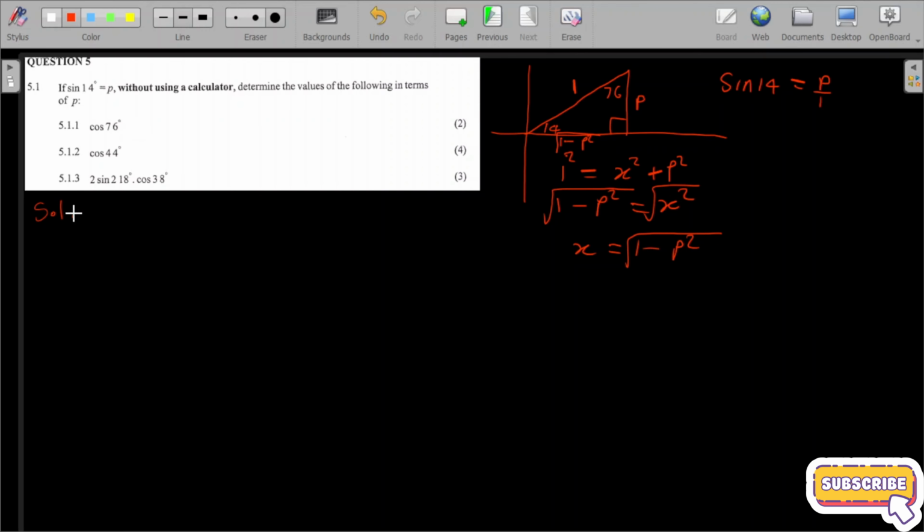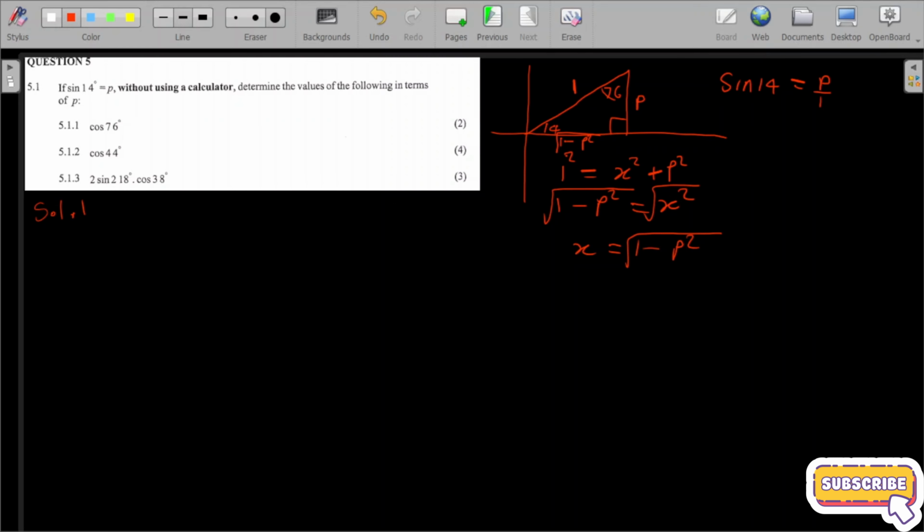our question 5.1.1. Let's calculate cos 76. Now guys, very important, cos 76, according to this, what is cos in terms of our trig ratios? Cos is adjacent over hypotenuse.